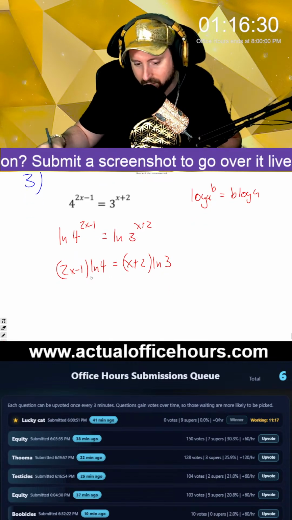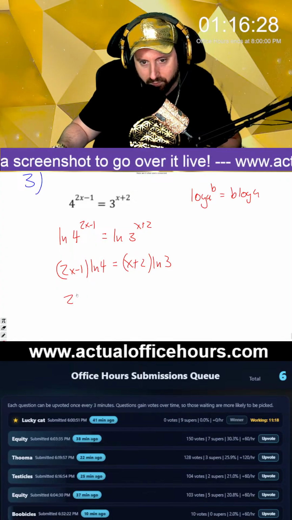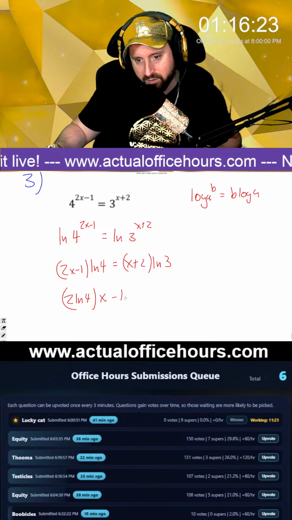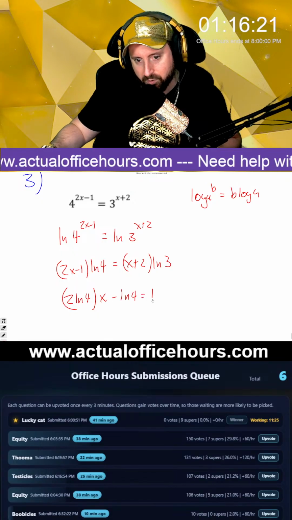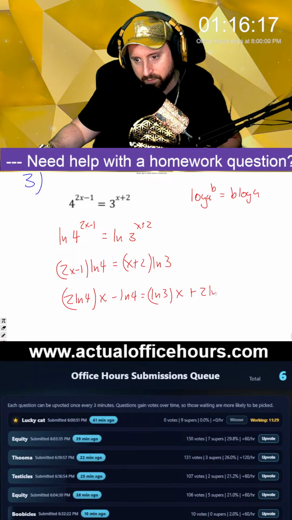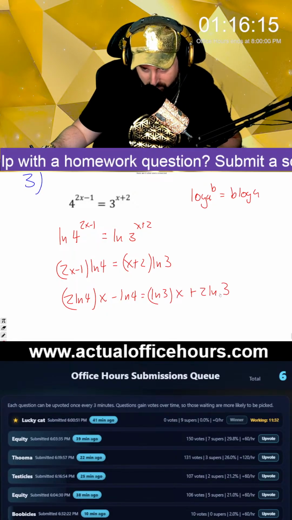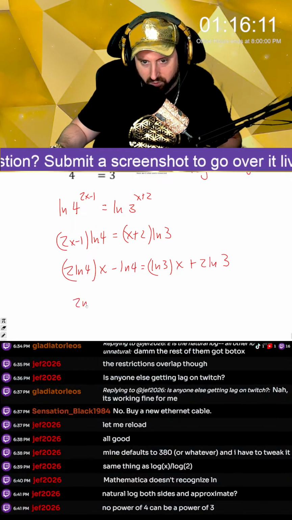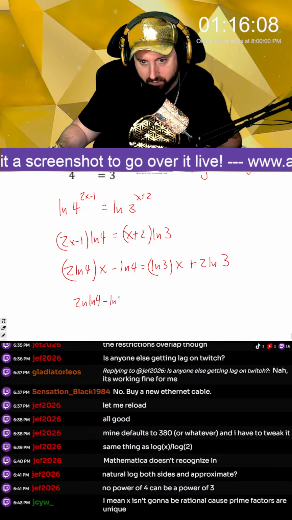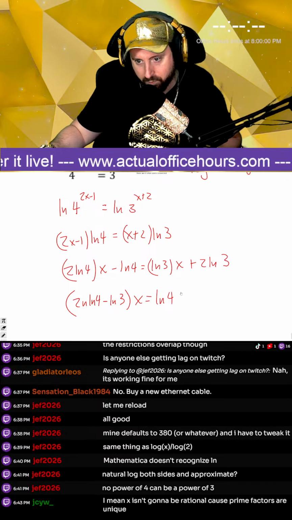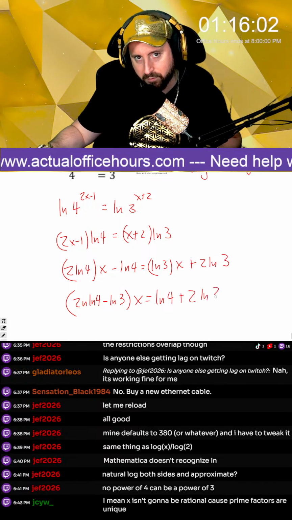This is kind of ugly, but you have to run everything through. So 2 ln of 4 times x minus ln of 4 is equal to ln of 3 times x plus 2 ln of 3. Okay, so subtract and add. I get 2 ln of 4 minus ln of 3, all times x, is equal to ln of 4 plus 2 ln of 3.